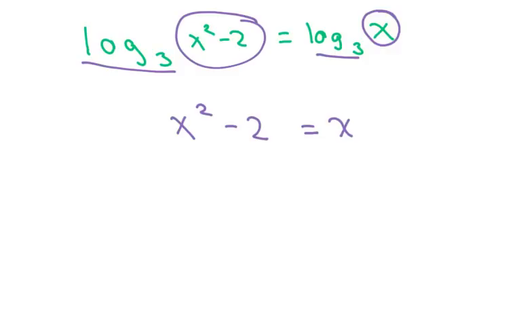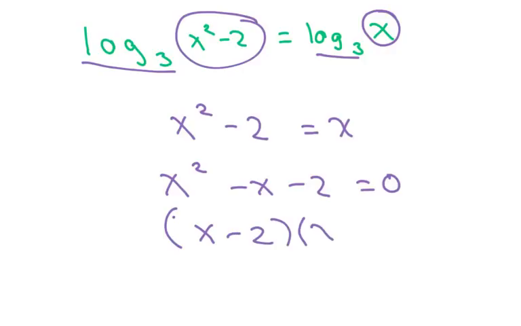When you have this quadratic, I'm going to move the x over and factor. So it'll be minus 2 and plus 1. So what you're going to get here is x equals 2 and x equals negative 1.